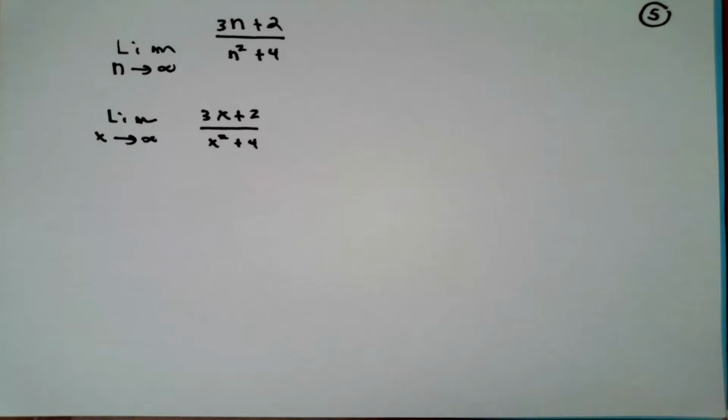As another example of this, let's think of the limit as n tends to infinity of 3n plus 2 over n squared plus 4. The x version of this is the limit as x tends to infinity of 3x plus 2 over x squared plus 4. Both the top and bottom tend to infinity as x does, so we'll use L'Hopital's rule.